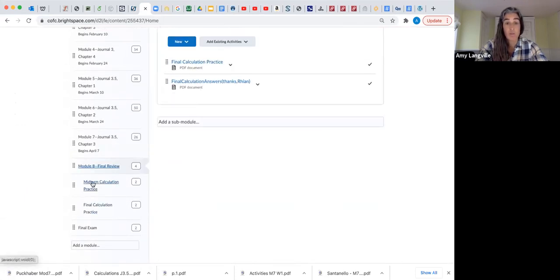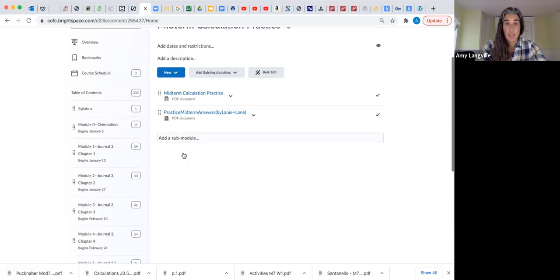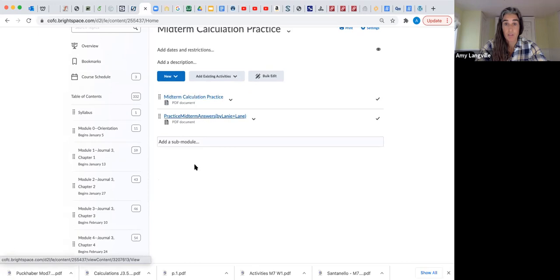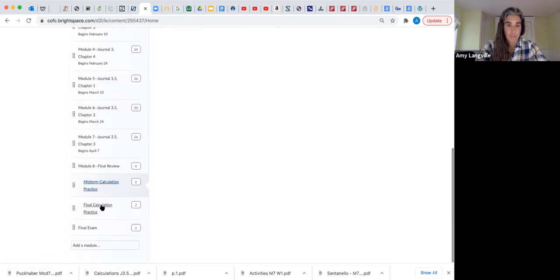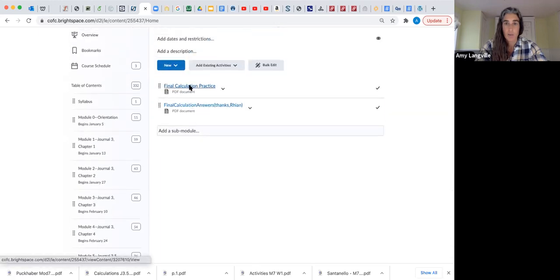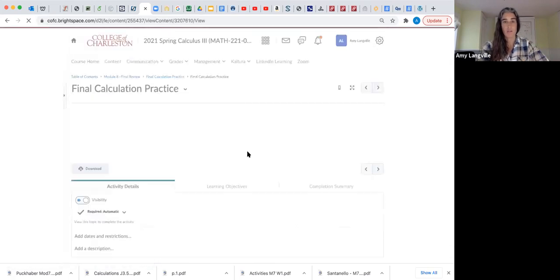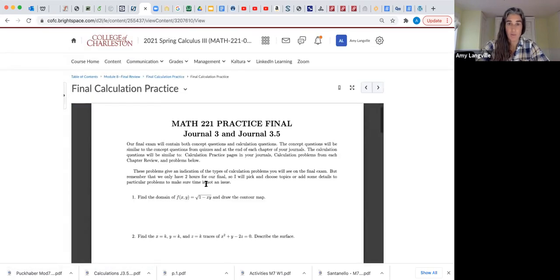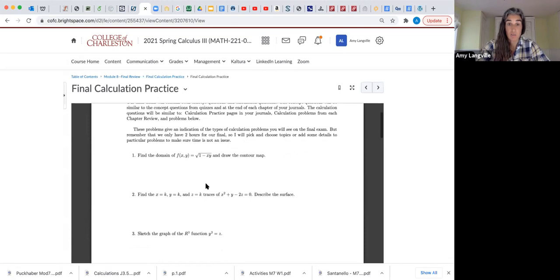This is just to show you. Remember, we had the midterm with calculation practice. And in that, there are the problems as well as the answers. And then there's also final calculation practice, problems as well as answers. And so those problems, for instance, it'd be a good thing to just print out and work through as you're studying this weekend.